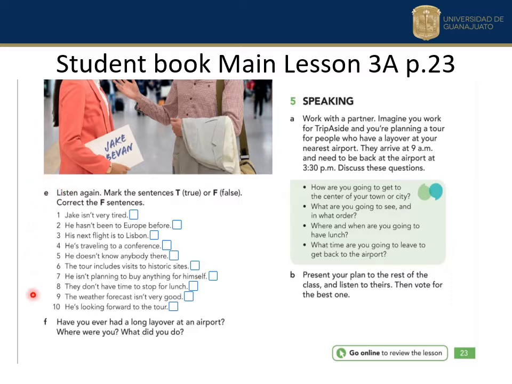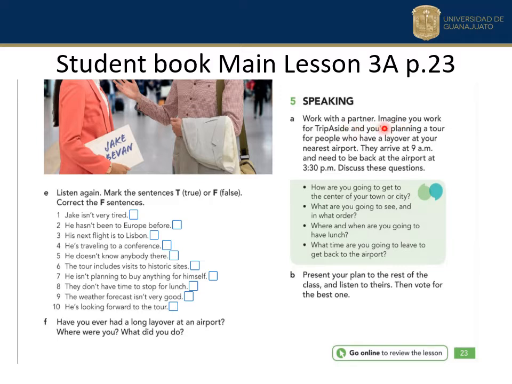Okay, here is the part where you need to answer true or false according to the listening that you have for this conversation. And the other is the question, have you ever had a long layover at the airport? Where were you and what did you do? You also have space here to answer these 3 questions. And here in the speaking is also practice with your partner.